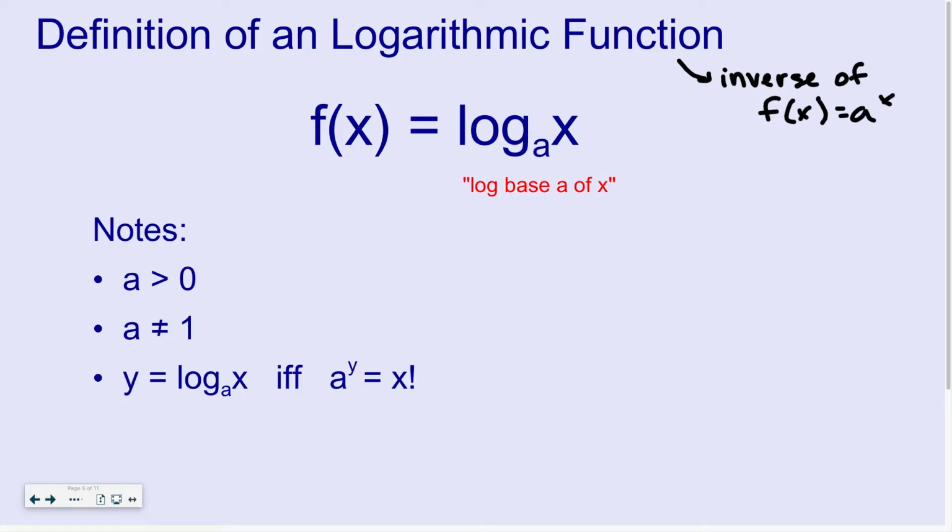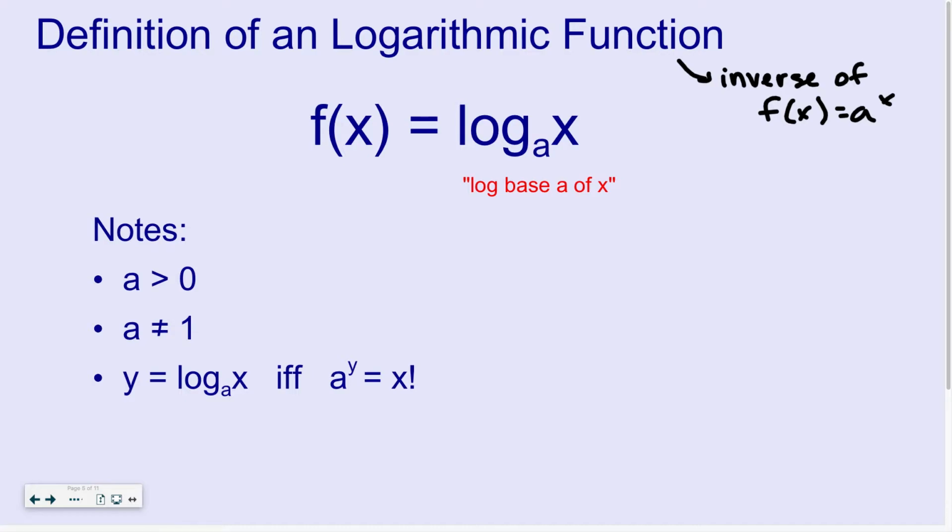And a cannot be equal to 1. Remember we talked about yesterday in the exponential function, 1 to the x is a really boring function. It's actually constant. So your base isn't going to equal 1 at any point. It's got to be greater than 0 and not equal to 1. And then this statement is really like the definition of a log, kind of what we were working with on the previous slide. y equals log base a of x.